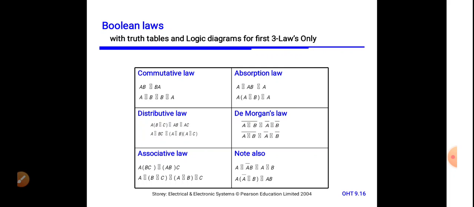In order to prove this, we need to write down a truth table in such a way that the first column is A, second column is B, third column is A dot B, fourth column is B dot A. As we have inputs A and B, we have four combinations under the A and B columns. 0 dot 0 is 0, 0 dot 1 is 0, 1 dot 0 is 0, 1 dot 1 is 1.